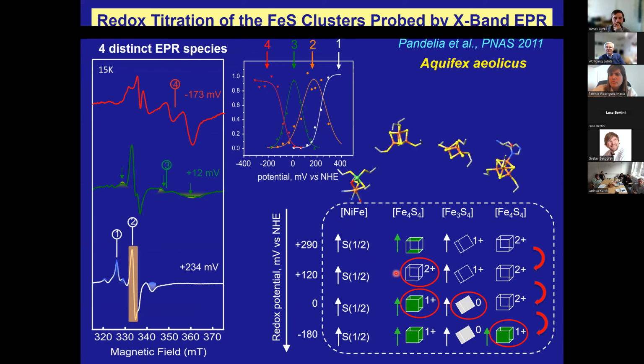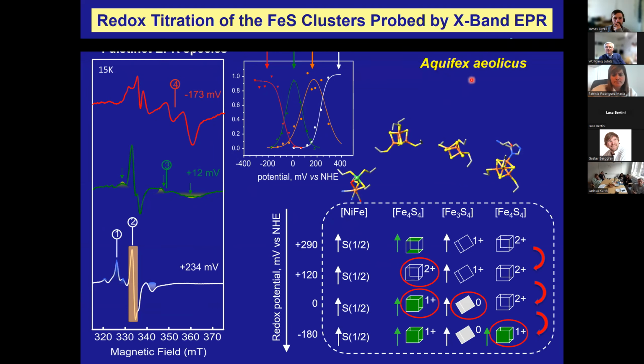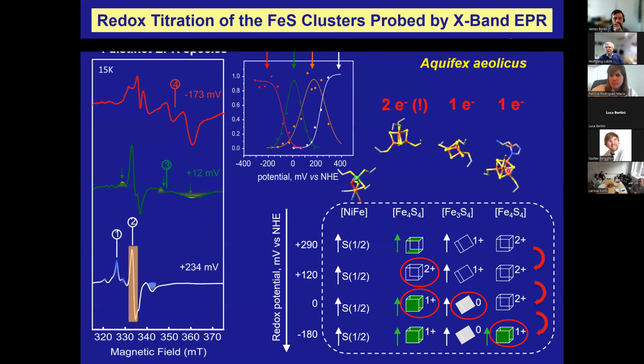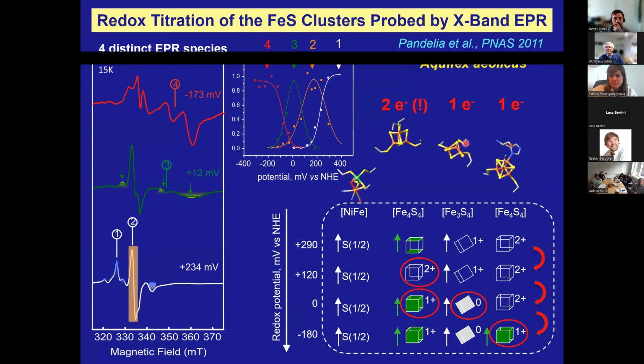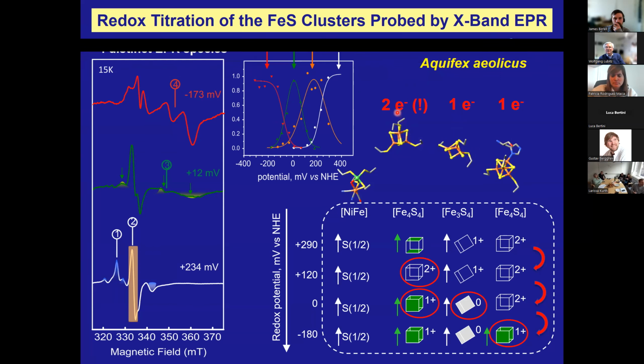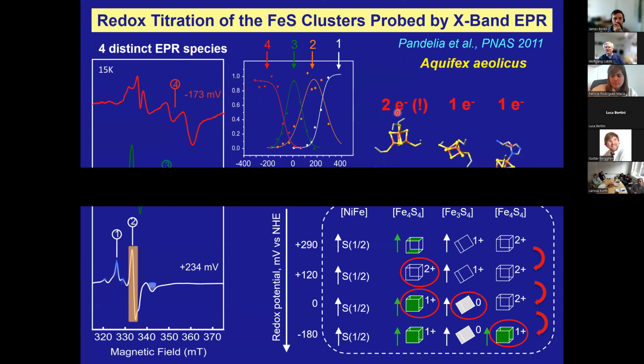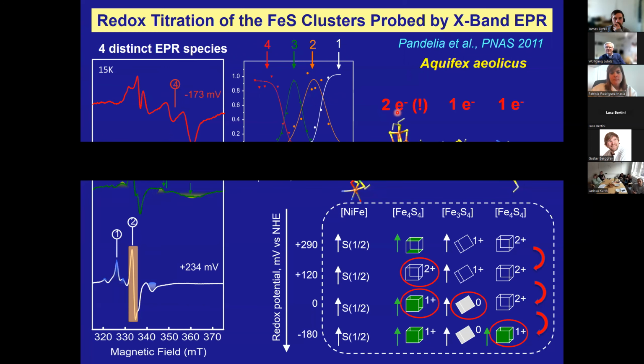And finally, we did that on the nickel-iron hydrogenase from Aquifex aeolicus, and found out that the distal cluster can be oxidized and reduced by 1 electron, the medial one by 1 electron, but the proximal one can take up 2 electrons and release 2 electrons. So there is a reduced and oxidized and a super-oxidized state. And that was quite interesting.